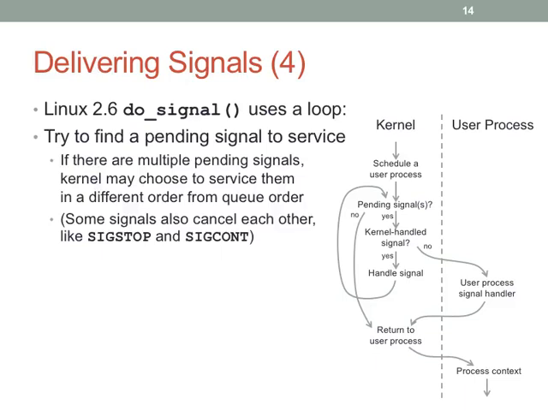So we have a loop. Basically, doSignal tries to see what signals may need to be delivered. Again, we had the cancellation mechanism that I described briefly on the signal generation side. Well, this also applies on the signal delivery side, depending on how things are passed to the process. So if you have a few signals that cancel each other, then the doSignal implementation just deals with it.